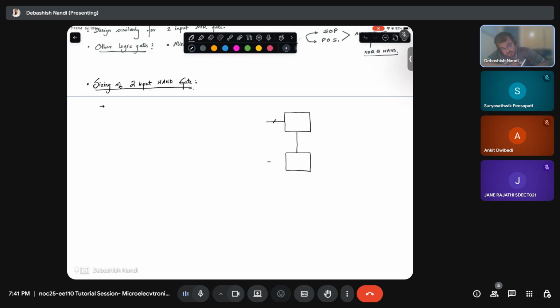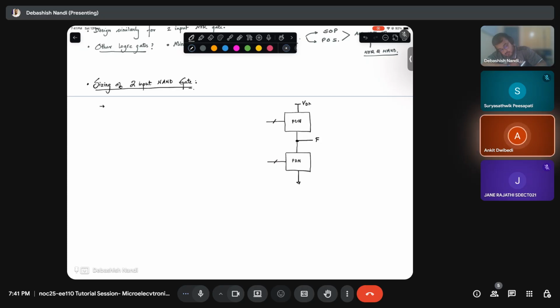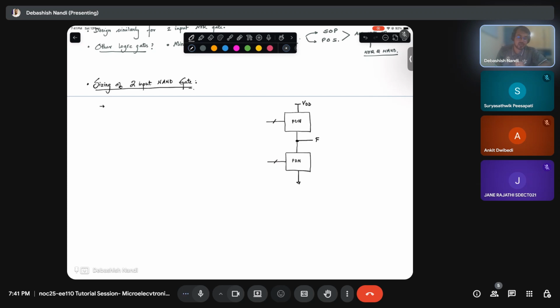So what does this symbol mean? This one, what does this mean? The combination of many lines. So this means multiple bits, okay? Multiple inputs.